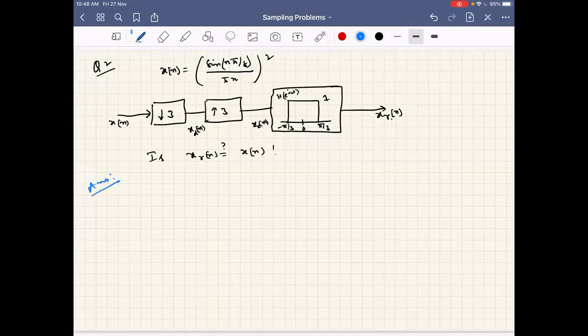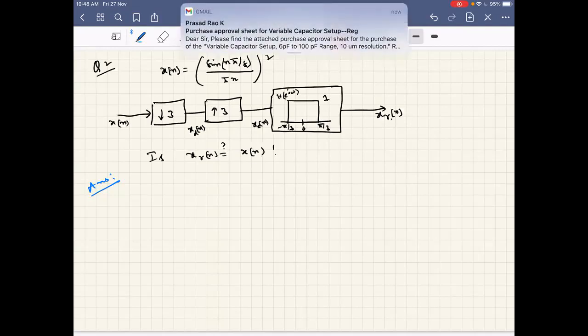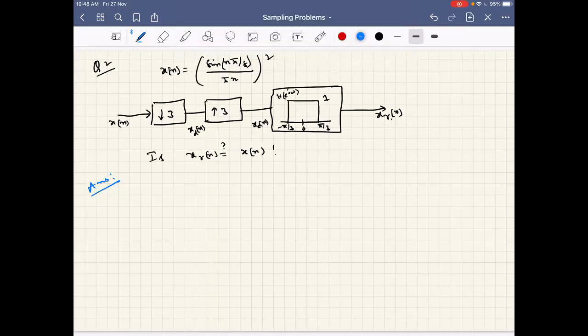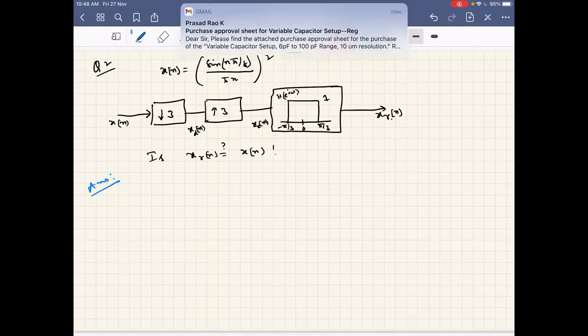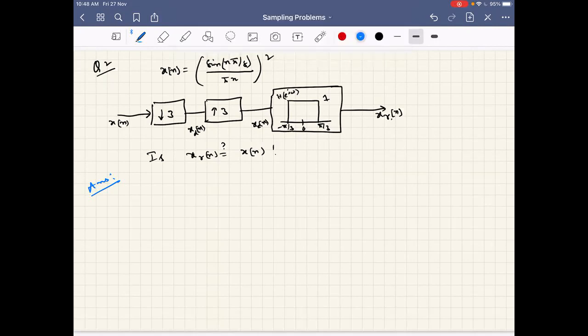So how do I see it? Anjali? Impulses are coming at plus minus pi by 4, sir. Okay, fine, good. How are you telling that? We have cos pi n by 4 as input, sir.